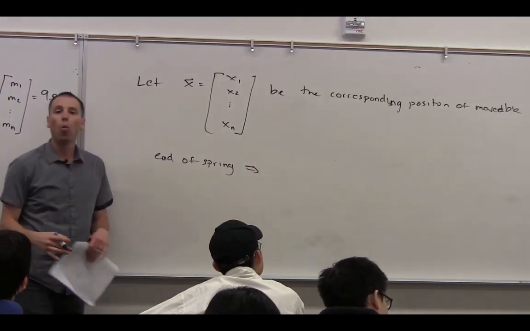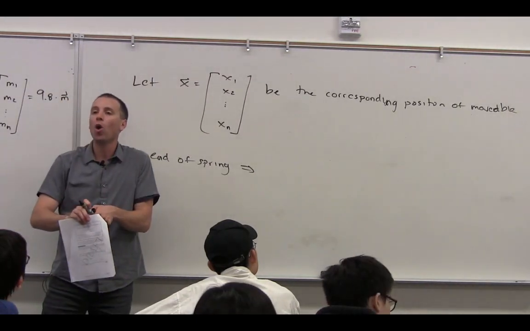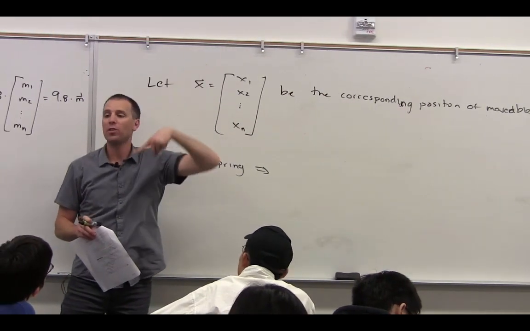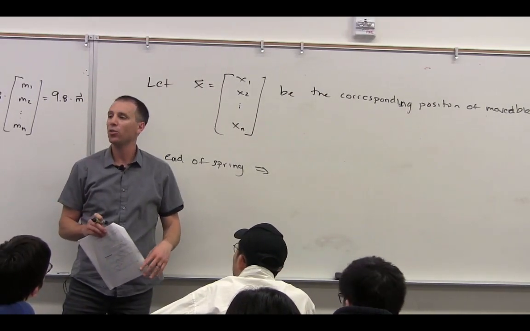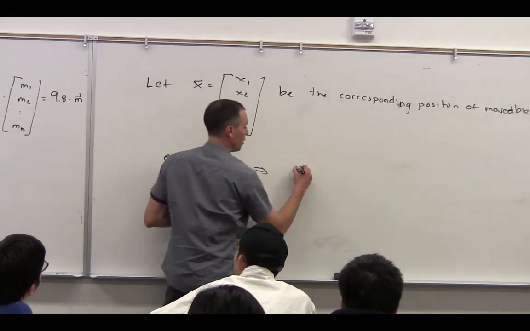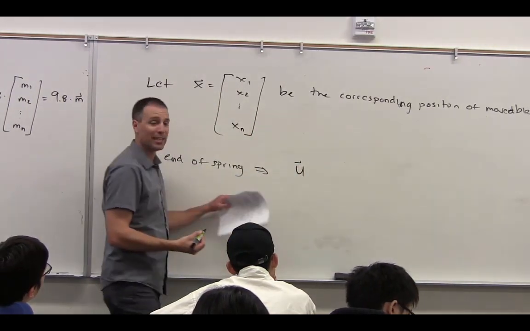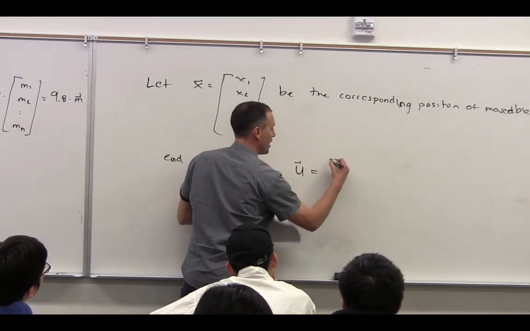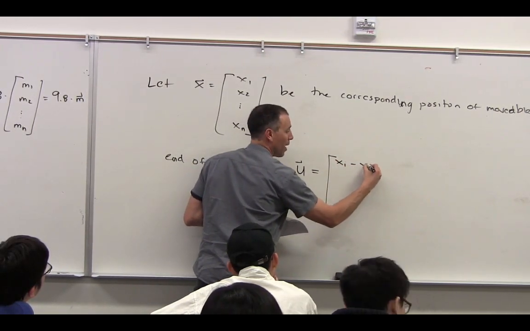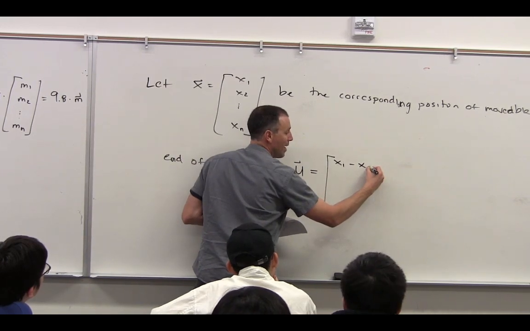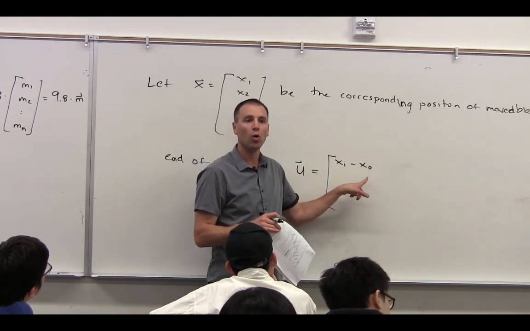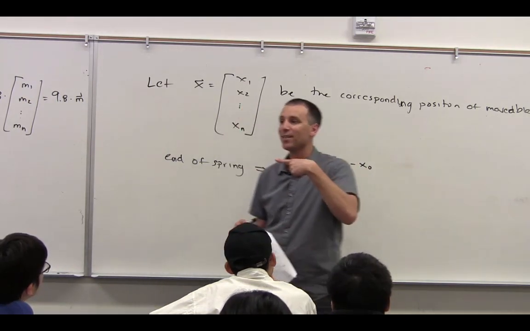What if I wanted to figure out how far the mass moved the end of the spring from the starting position to the ending position? What would I do if I was looking for the displacement of the movable end of the spring? Perhaps I say that u would be equal to, well, the first one would have moved x1 minus x naught, where x naught is the position of the end of the spring under no mass.